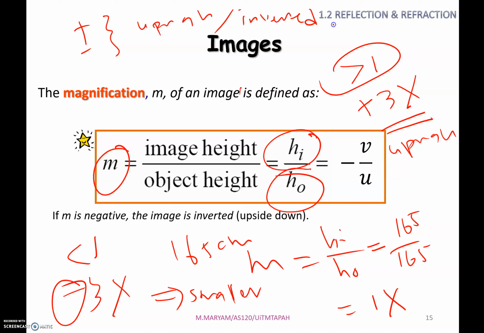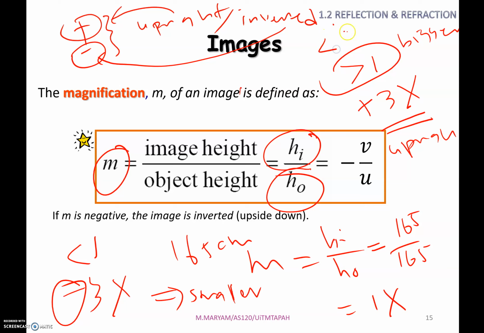For inverted, the value would always be negative. For an upright image, the value will always be positive. Like I mentioned just now, if it is more than 1, it is bigger. But if the value of magnification is less than 1, it means the image is smaller.